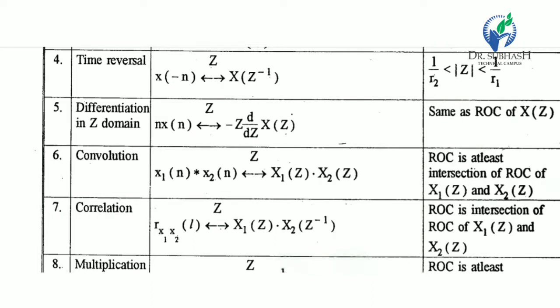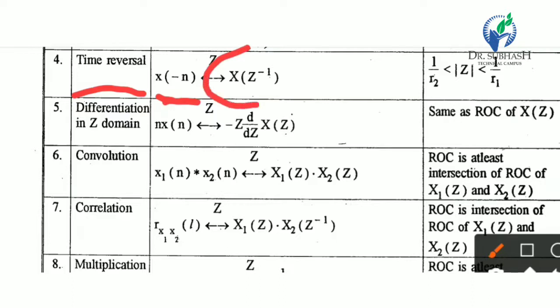The next property is time reversal. So x of minus n, the Z transform is X(z inverse), and the ROC is 1 upon r2 less than mod z less than 1 upon r1.